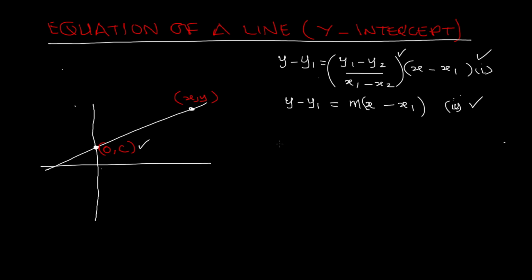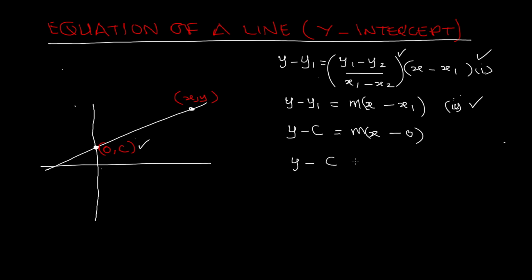Now we go to the third type of equation. So now we're going to get this point and replace it into this equation. What is our y1? It is going to be c, so y1 is c, equal to m times x minus x1, where x1 is 0. So what is our equation if we continue?